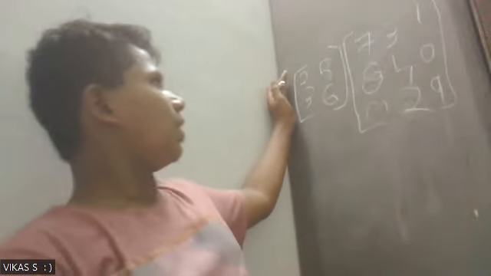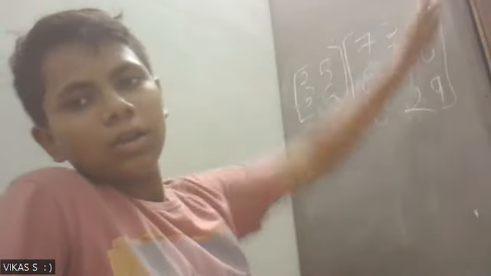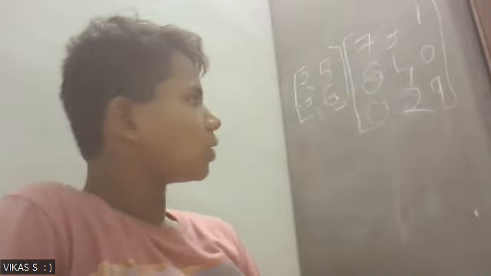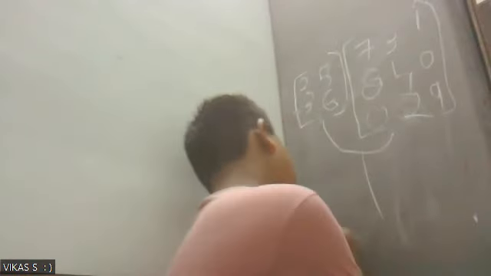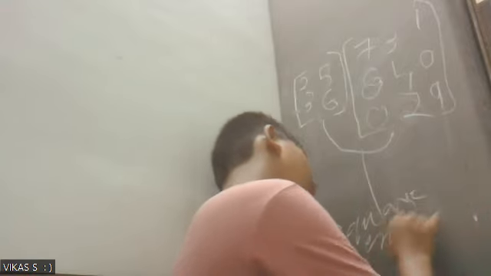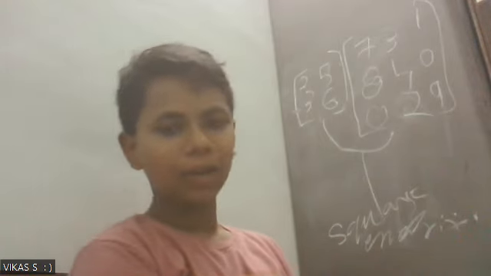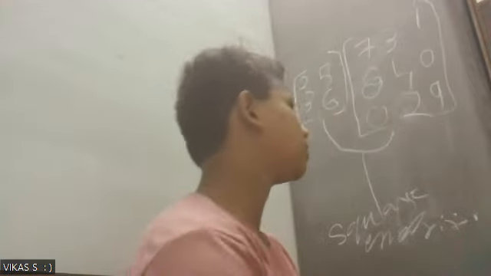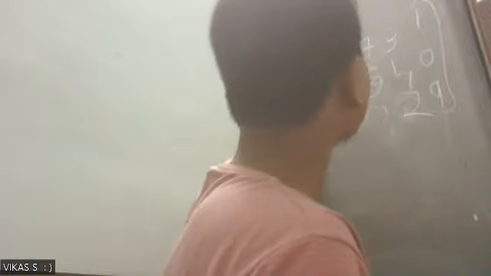Here the number of columns and the number of rows are equal, so this is known as a square matrix. What about the rectangular matrix? Let's see about that too.